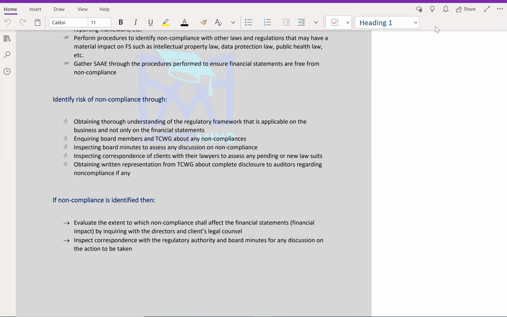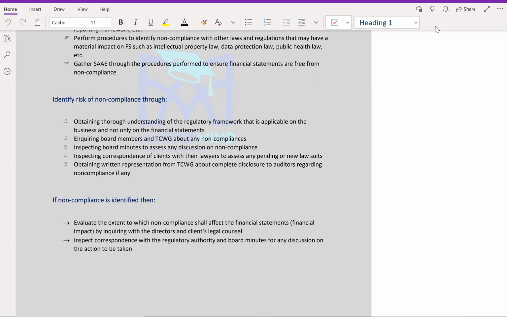That's the final piece of evidence that we get from a client stating that they have disclosed everything. Now, anything that has not been disclosed, the onus of proof lies on the client, provided that we've performed sufficient procedures and gathered sufficient appropriate audit evidence with the given population sample.